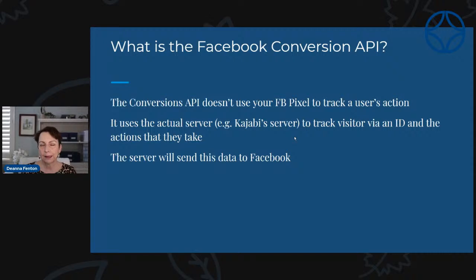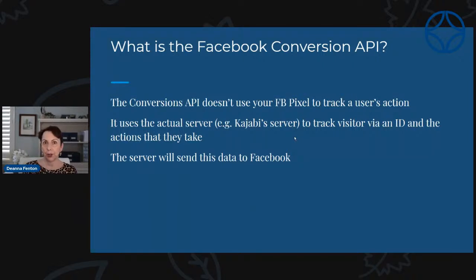This is Facebook's attempt to bypass the blockade of Apple not sending user activities to Facebook. So it does not use your Facebook pixel that we so carefully added to this website to track any longer. It actually gets the data direct from the server, so it doesn't go through a browser.